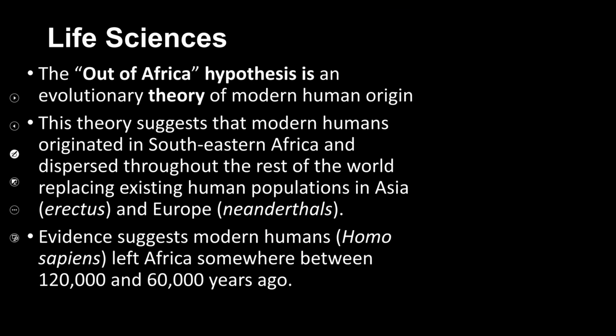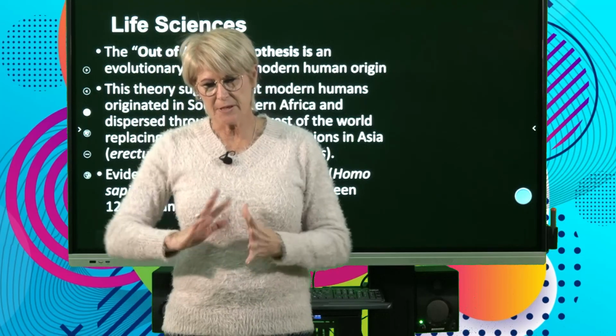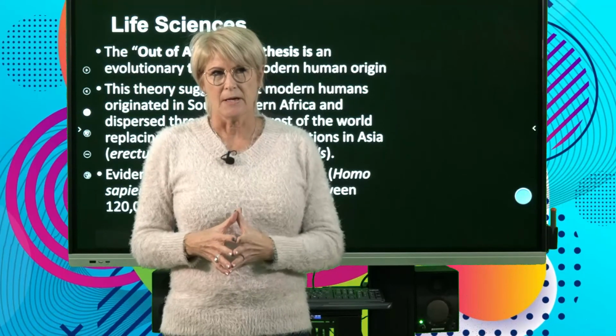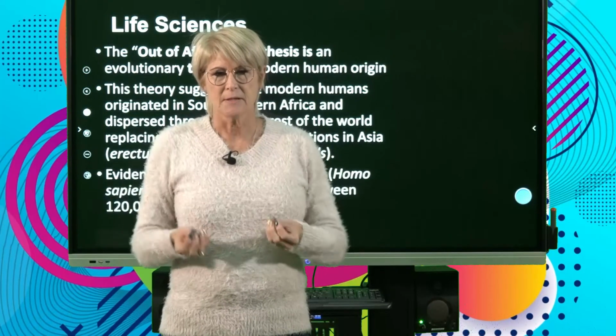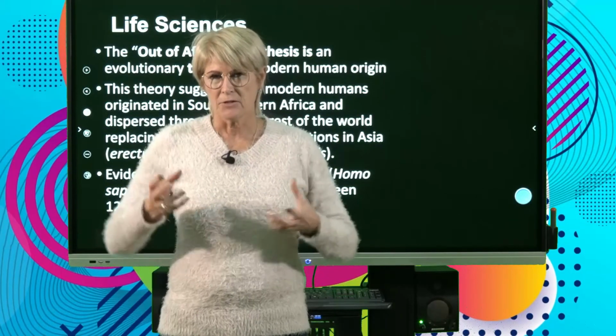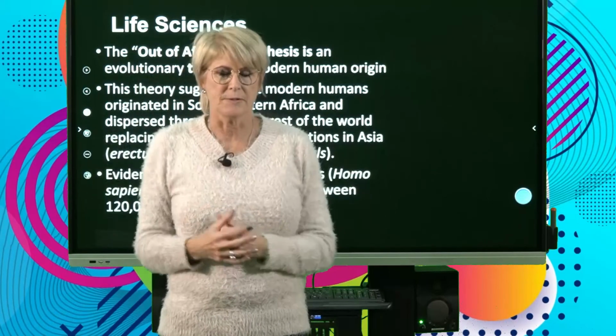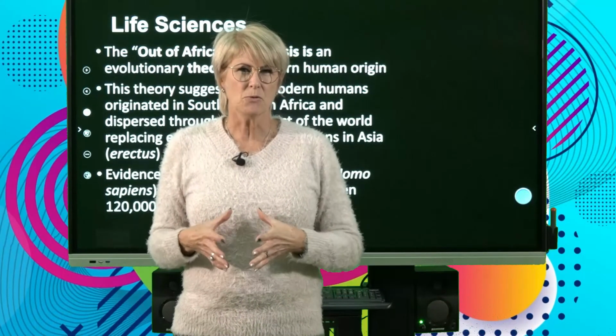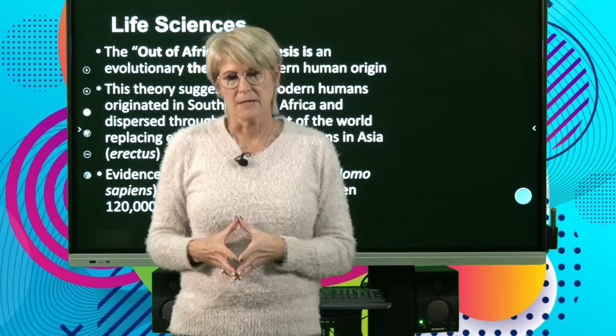Okay, so there are two different theories. The one is called the multi-regional theory, where they believe that humans evolved in different regions all over the world. And then there's the theory for which there is a lot of evidence, that we call the out of Africa hypothesis.